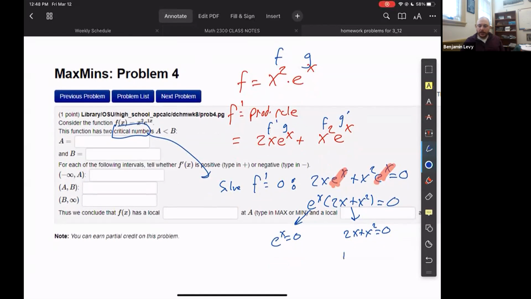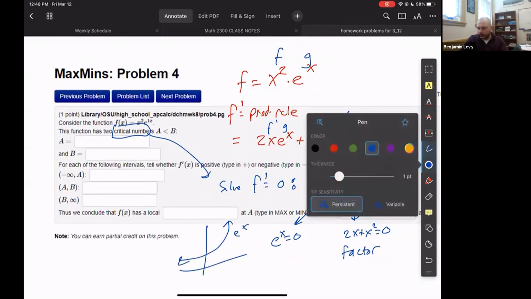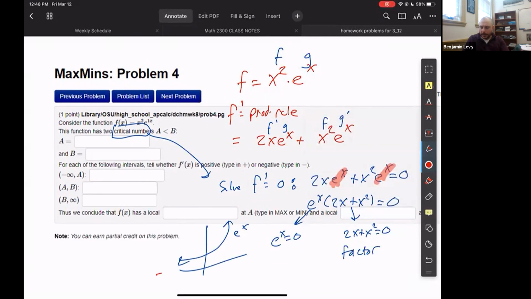And the one on the right's nice because you can just factor that one. That's not too bad, or use the quadratic formula. What about e to the x? Is e to the x ever 0? e to the x looks like that. And we'll remember that there's an asymptote down here, right? So e to the x never touches 0.